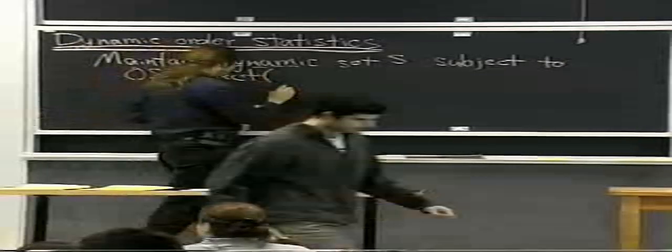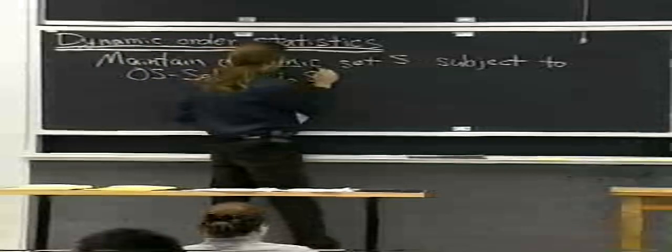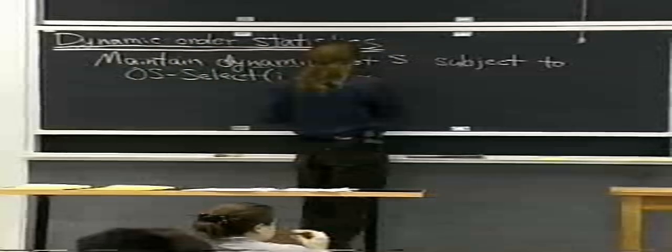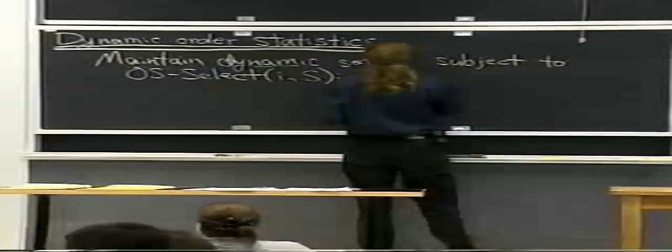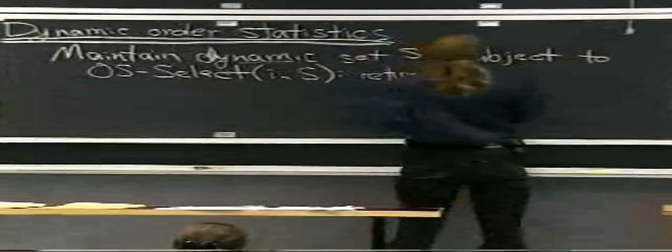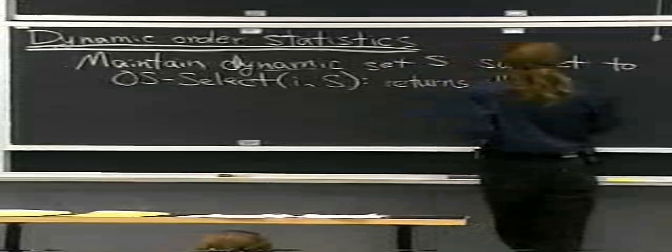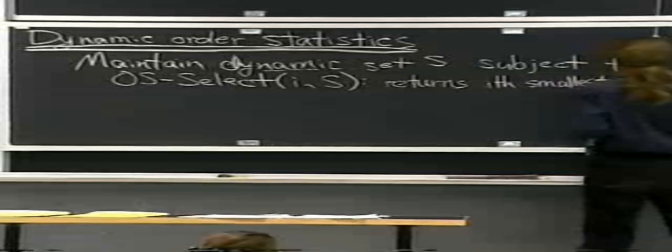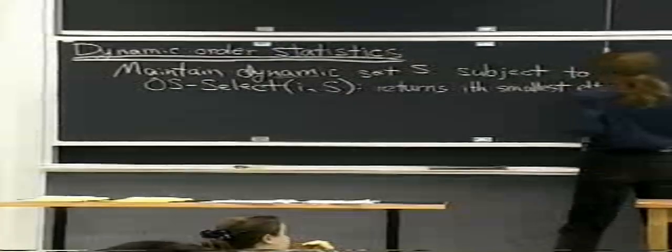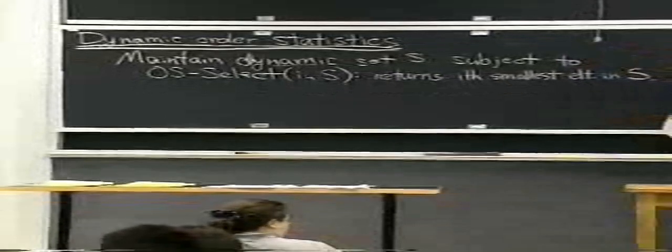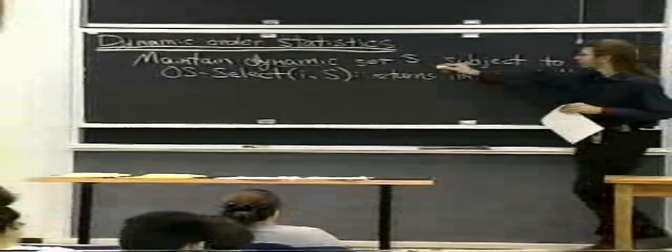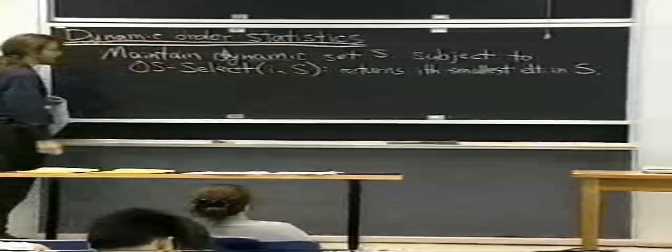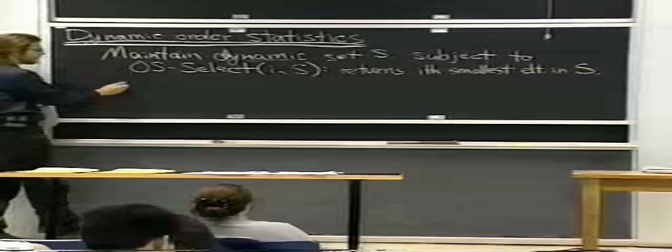One thing we want to do is be able to find the ith order statistic, the ith smallest element. That's just like select, except now the set of elements in which we want to find the ith smallest element is changing dynamically.